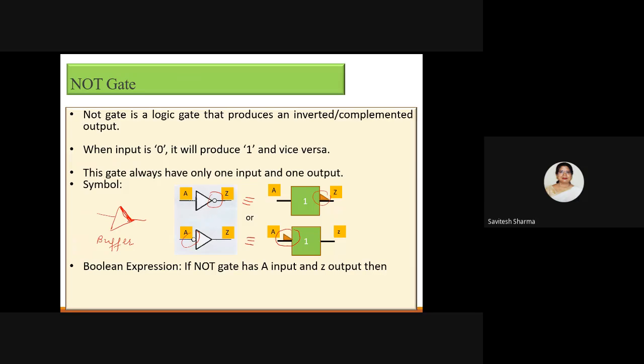The buffer symbol will consist of a simple triangle with a single input and output, and one more enable signal input may be there. But your NOT gate will be the triangle and bubble. Triangle and bubble will be there. So please don't confuse the symbol between buffer and the NOT gate.